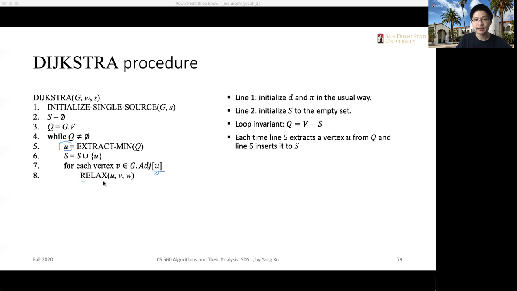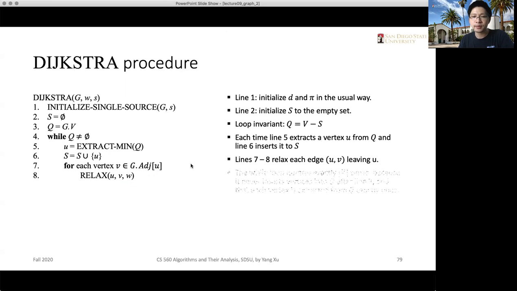And we can relax that edge by calling the relax operation from u to v together with the weight function, okay? So Dijkstra's algorithm is actually quite easy to implement. We just need to utilize some external data structure.